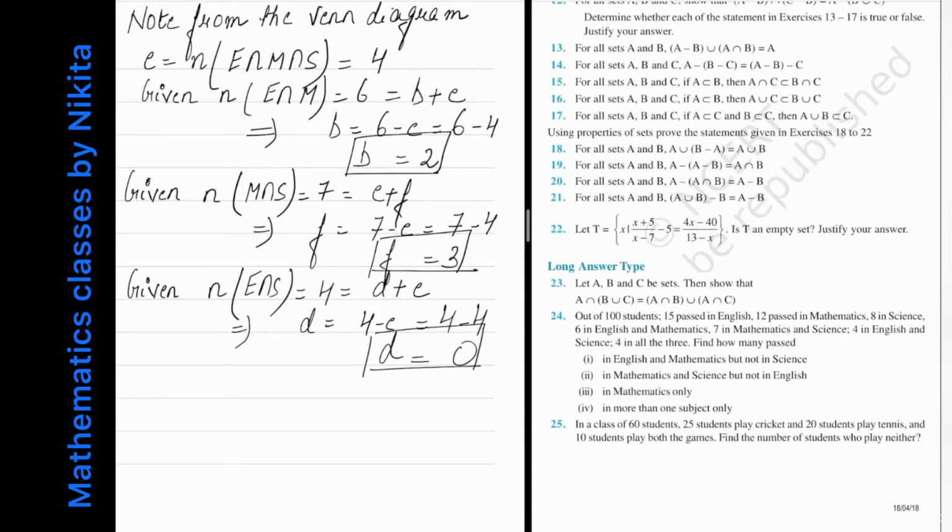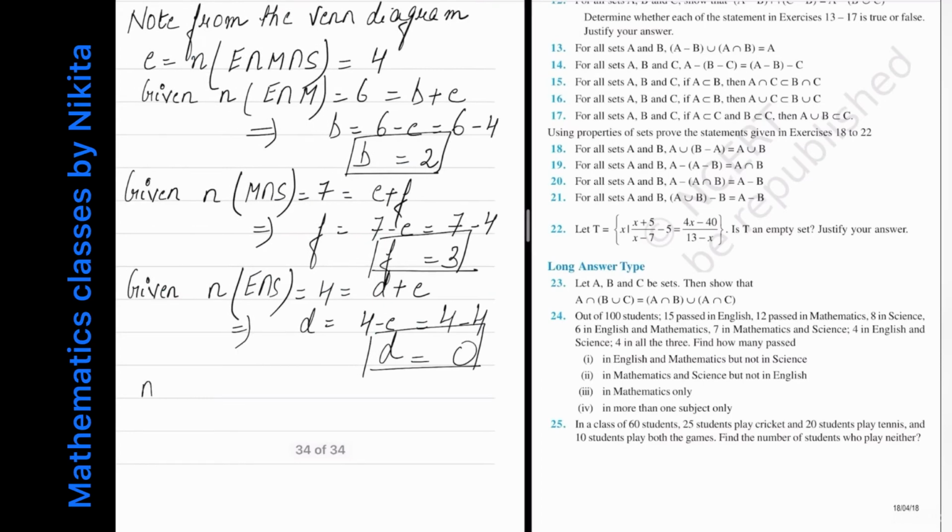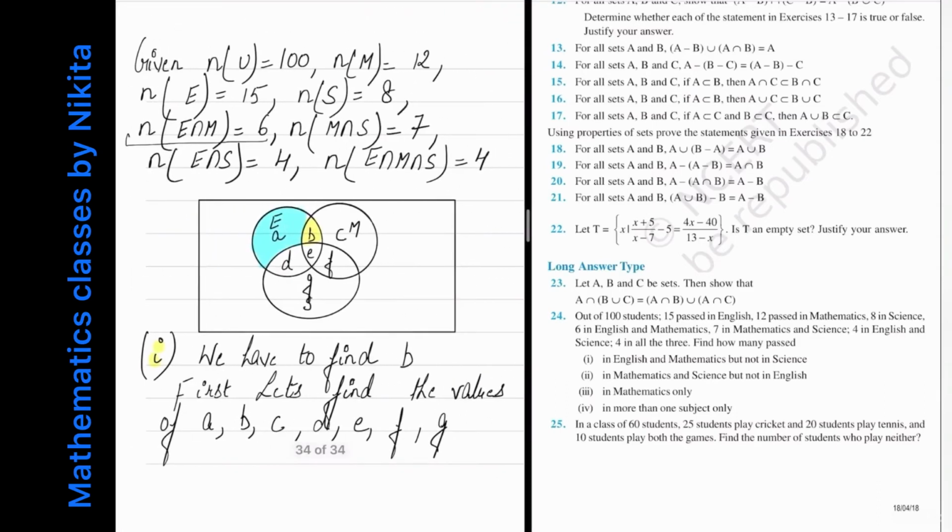Now next, what is given to us? That n of m is 12. Now from the diagram, what is n of m?